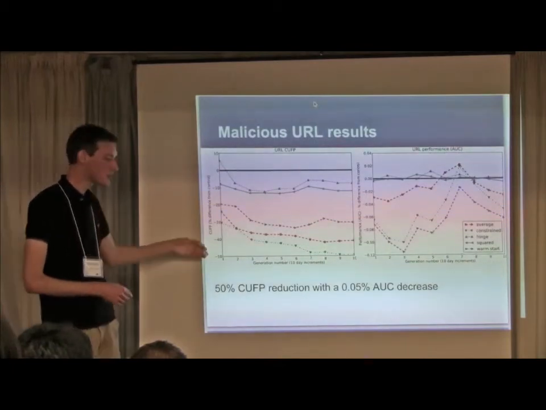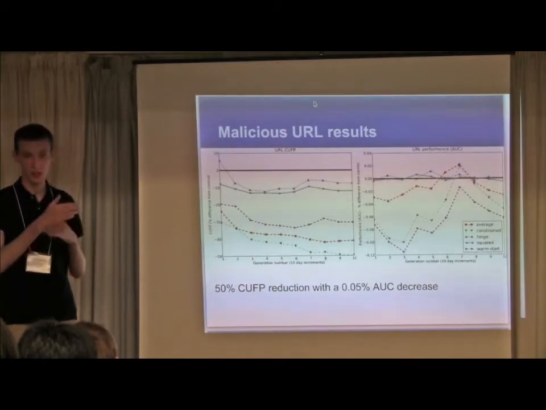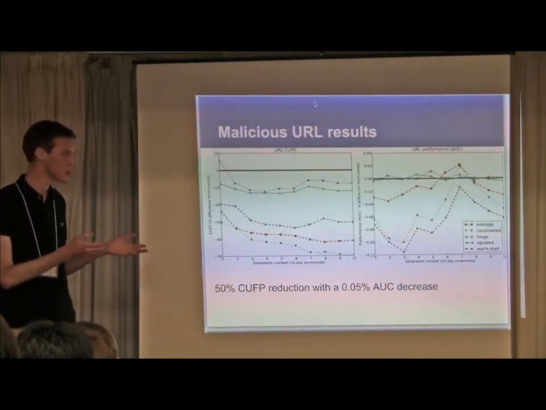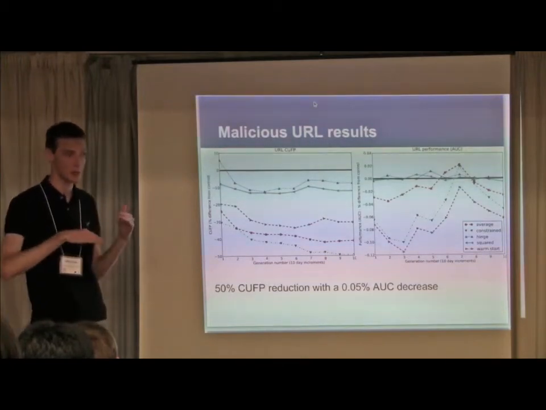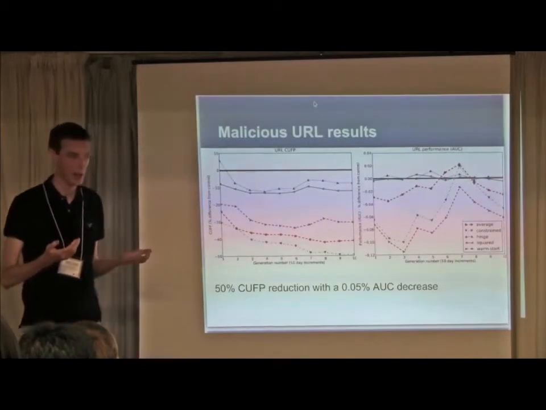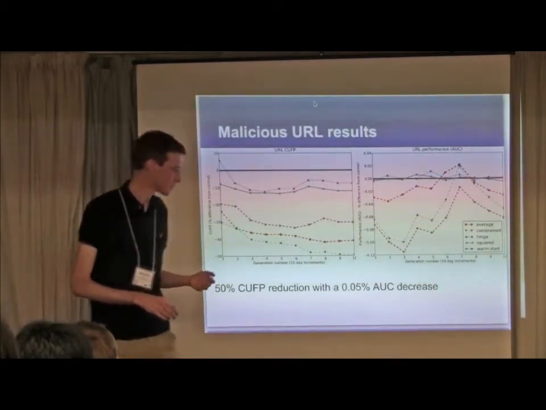This is actually a 50% reduction in the cumulative unique false positive rate. So you can think of the cost of maintaining this system in terms of human time required, we've about cut it in half without seriously changing AUC. So that's a really interesting result.